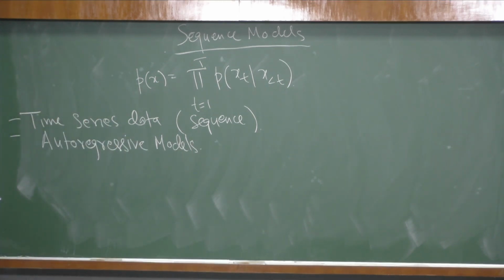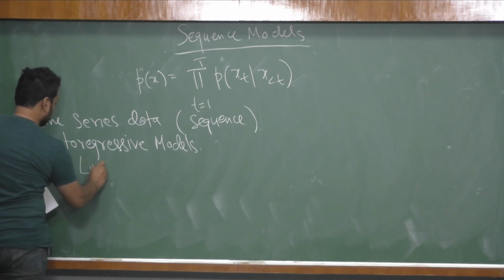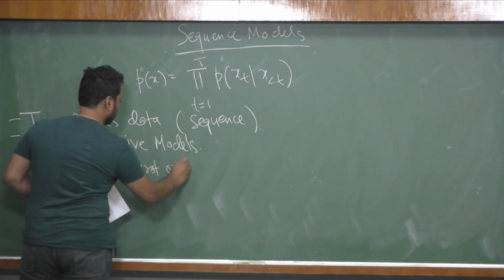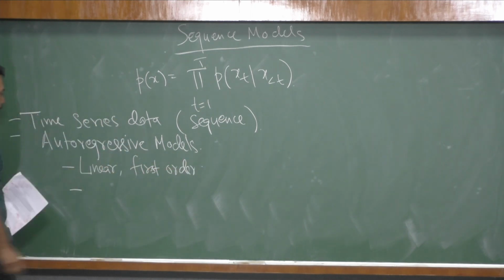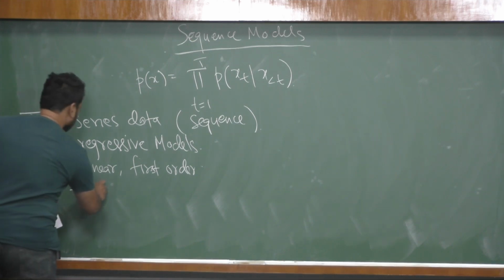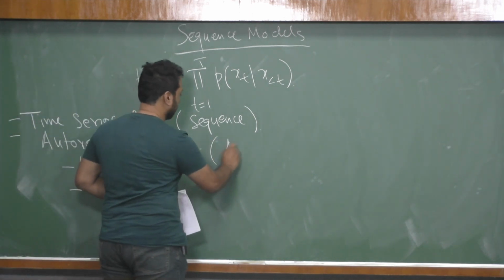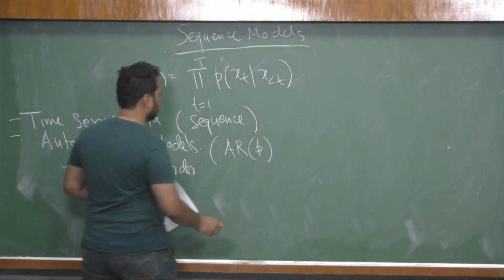We can start with the initial intuition of autoregressive models, beginning with a very basic one, which is linear and first order, and then generalize this to nonlinear, higher order, and so on. In fact, we won't go into too much of these classical so-called AR methods.